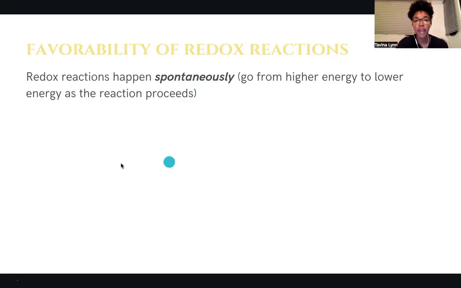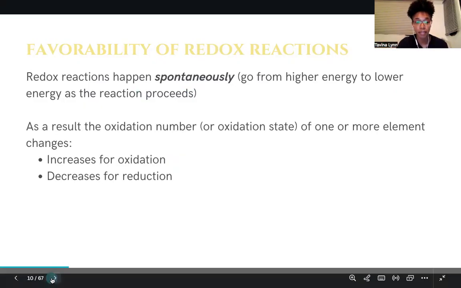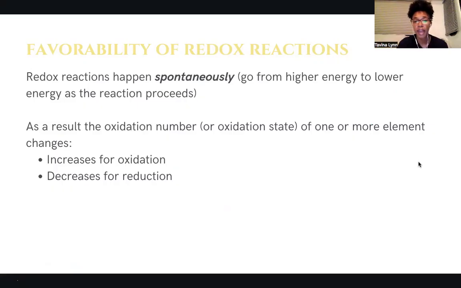So because these reactions happen spontaneously, the oxidation state of the two reactants changes. It increases for oxidation and it decreases for reduction.